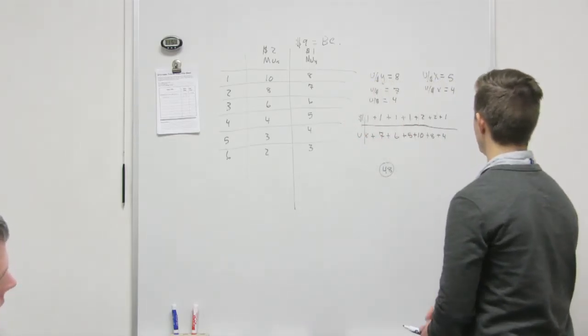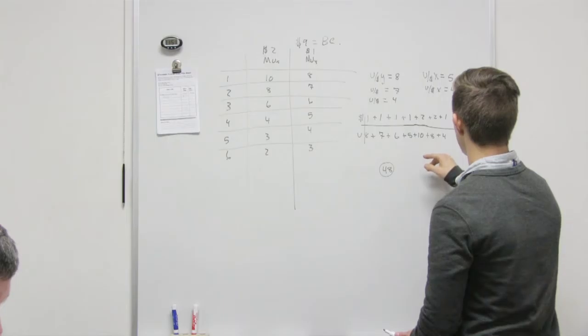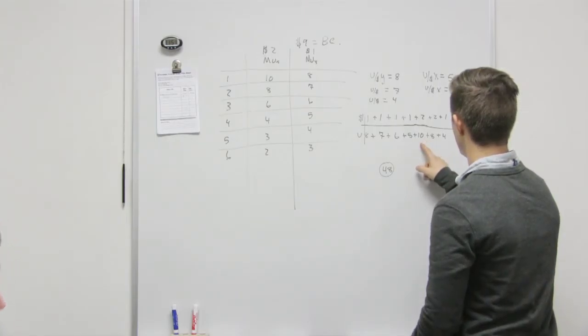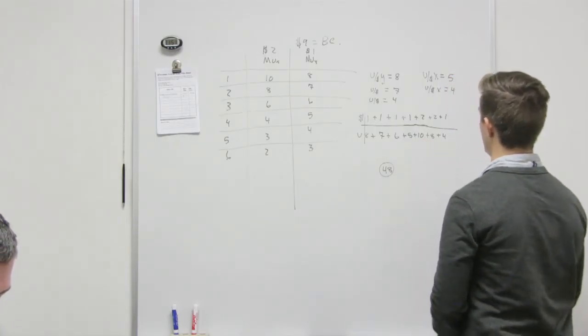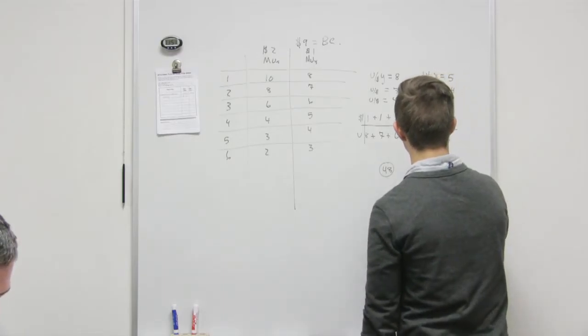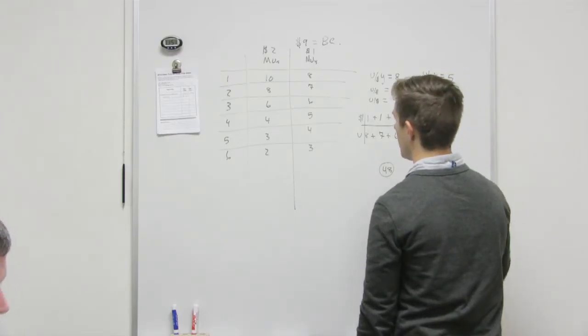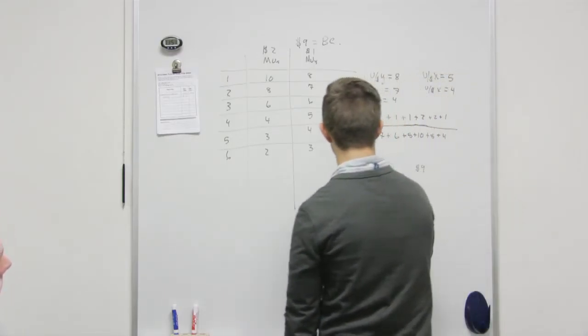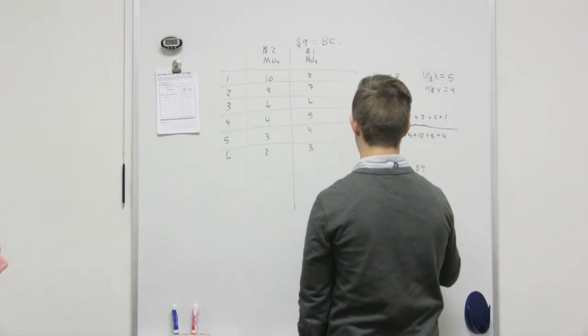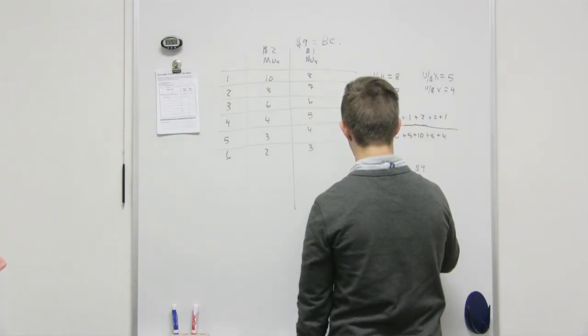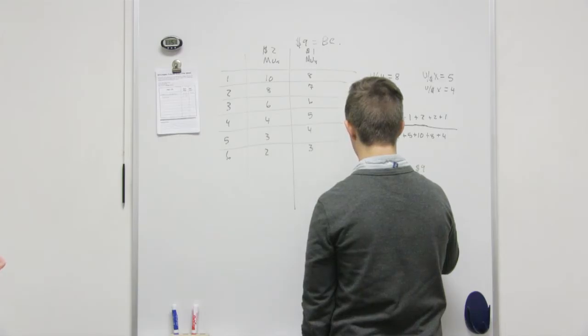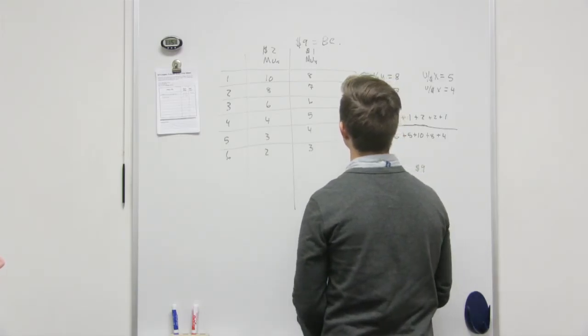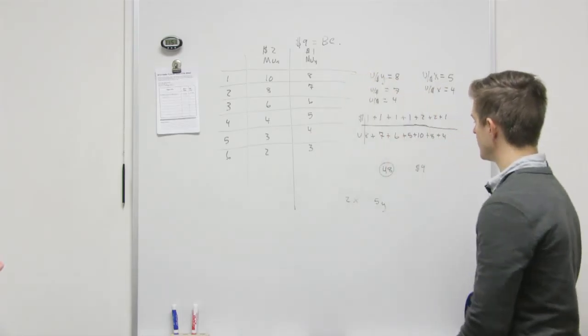And he spent $9. He bought 2 of X and 5 of Y.